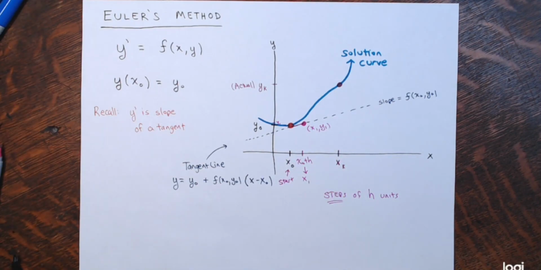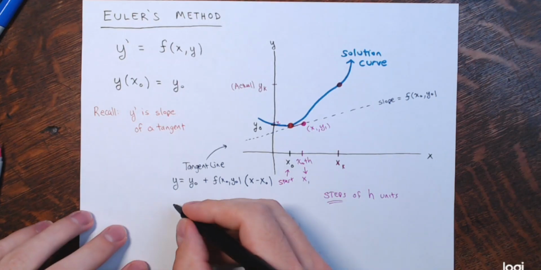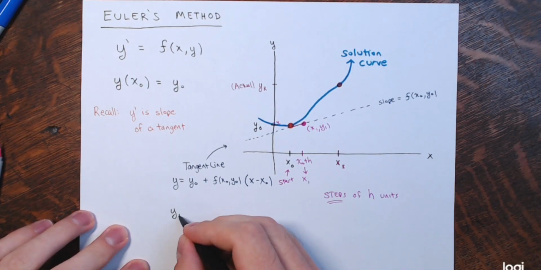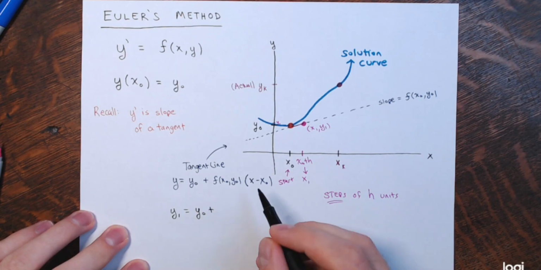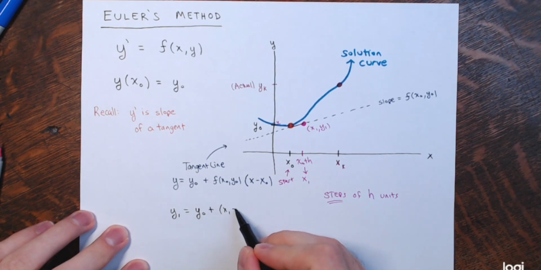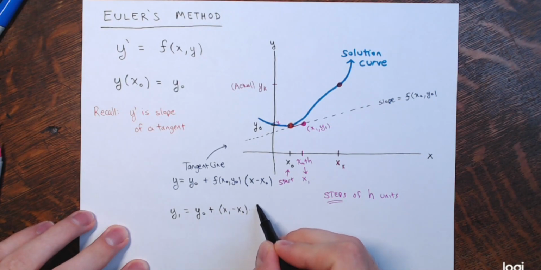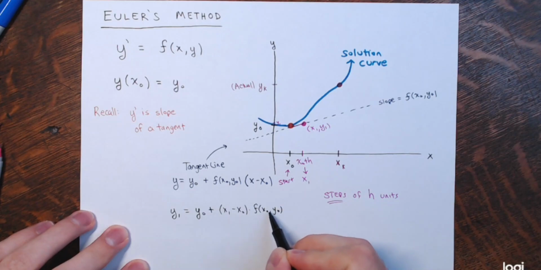So y1 is y0 plus x1 minus x0 times f at x0, y0, the slope of that line.